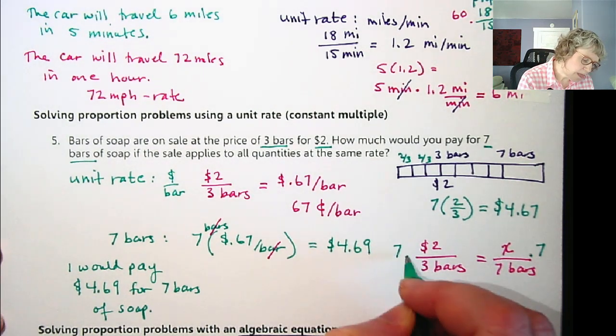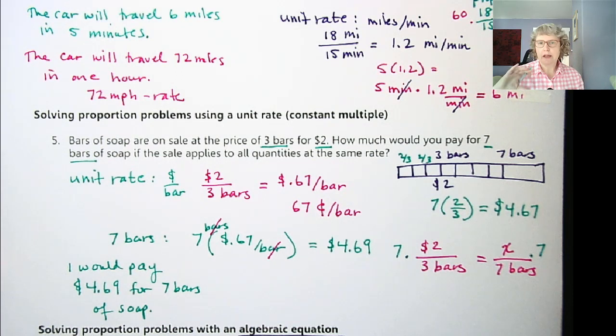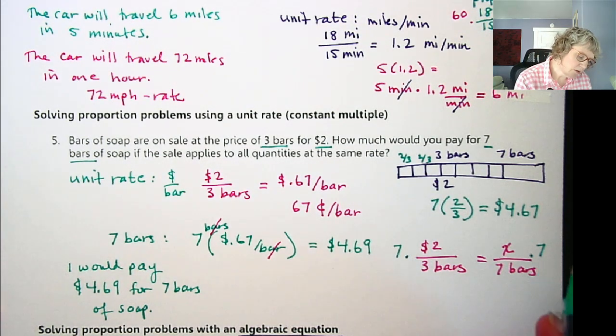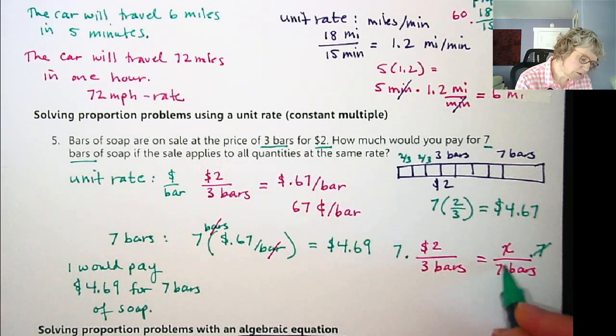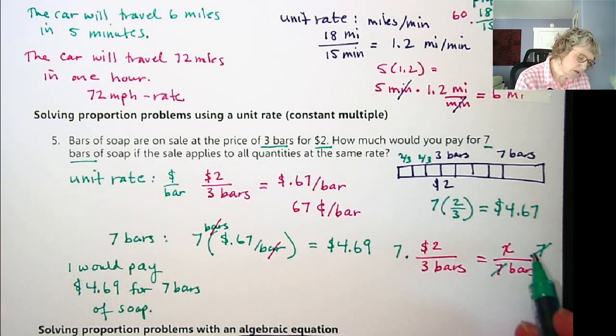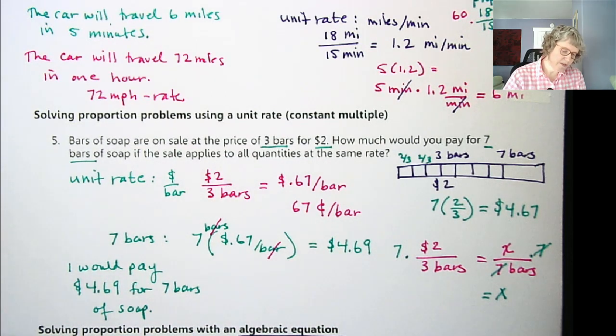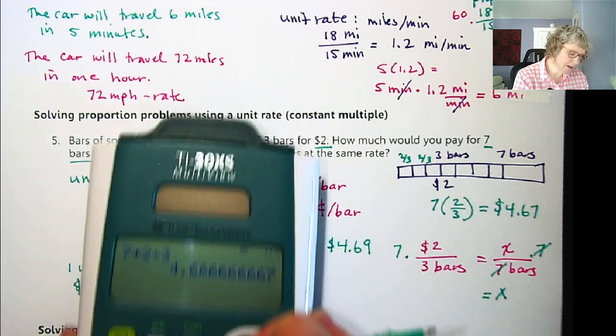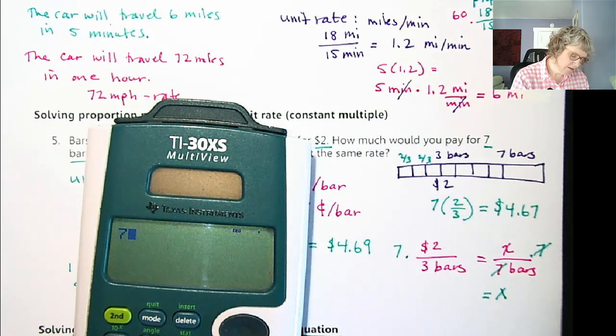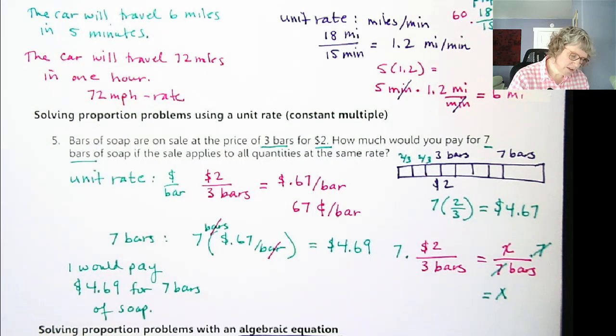If you end up with your variable on the bottom, you can just flip the whole thing upside down. That's one option. Or you can solve it with algebra as well. It just takes a few more steps. So then I have x is equal to 7 times 2/3. You're seeing it's the same calculation, right? $4.67.